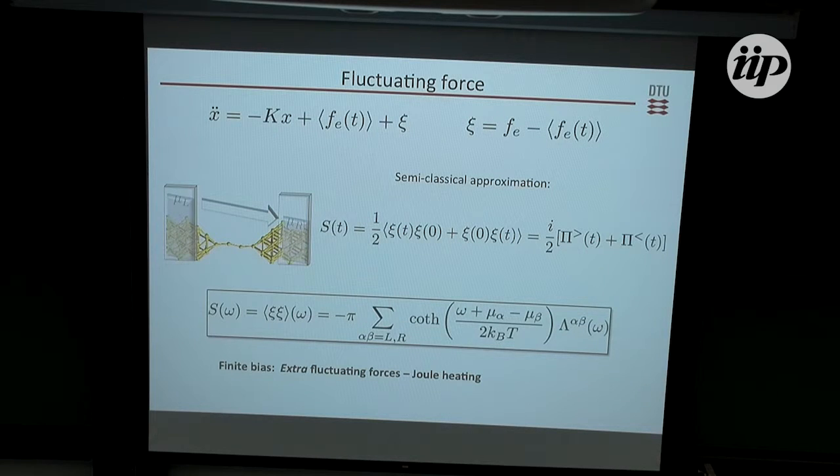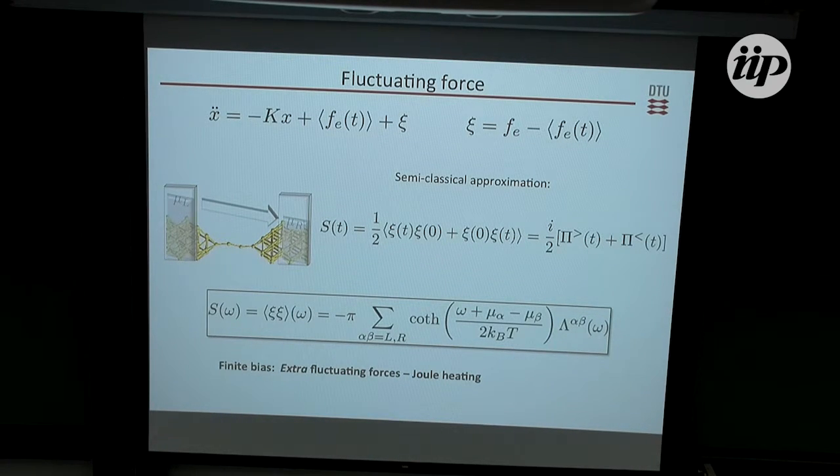If you calculate in the semi-classical way this force fluctuating correlation function for the electron kicking the atoms, then you get an expression like this where these are the chemical potentials. So you see that the bias goes in there explicitly. And then you have this lambda function here, which I will show several times, and this describes the coupling to the electrons.